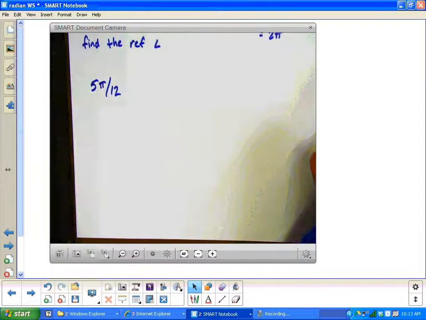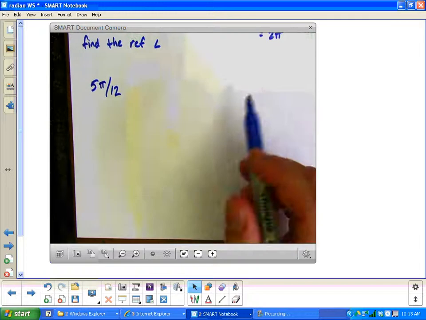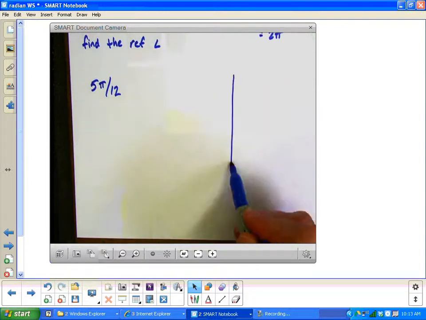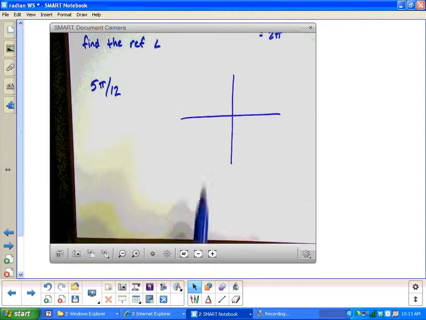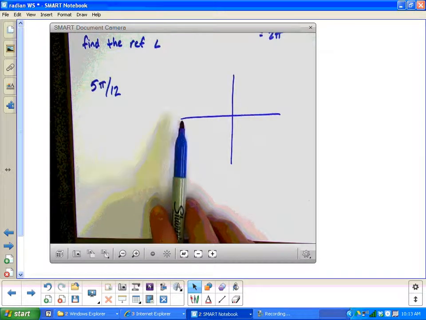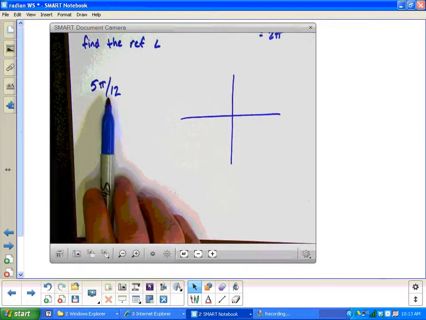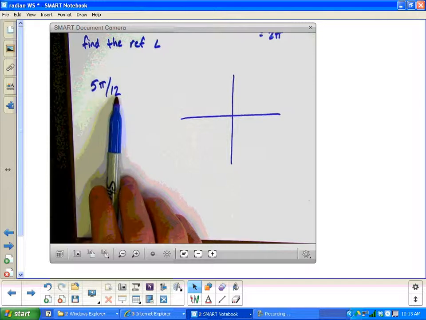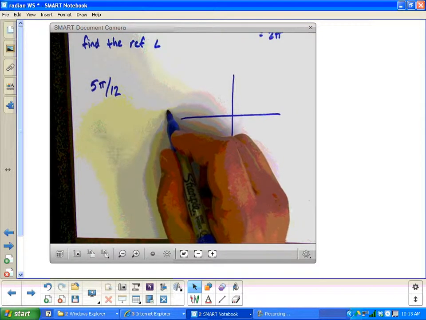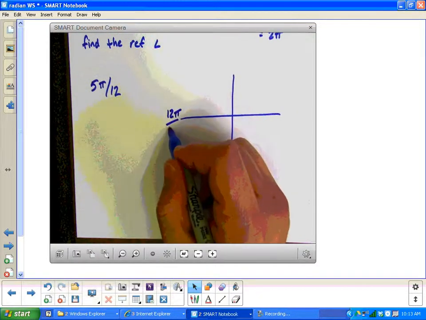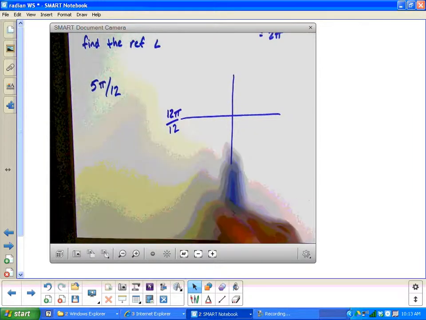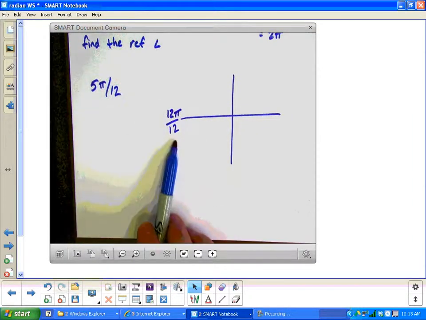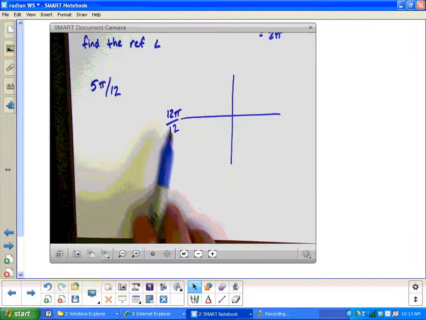So for 5 pi over 12, when I try to figure out where this is, I start at pi. Instead of calling this pi, I think of how I can write it as something over 12. Well, that would just be 12 pi over 12. Does that make sense? Wouldn't 12 pi over 12 just be pi? The 12s would cancel out.